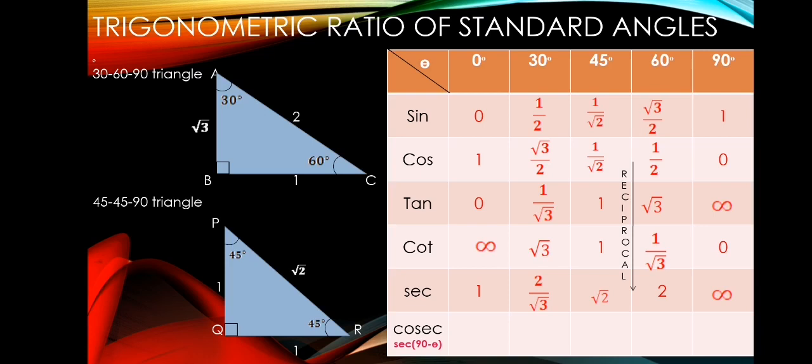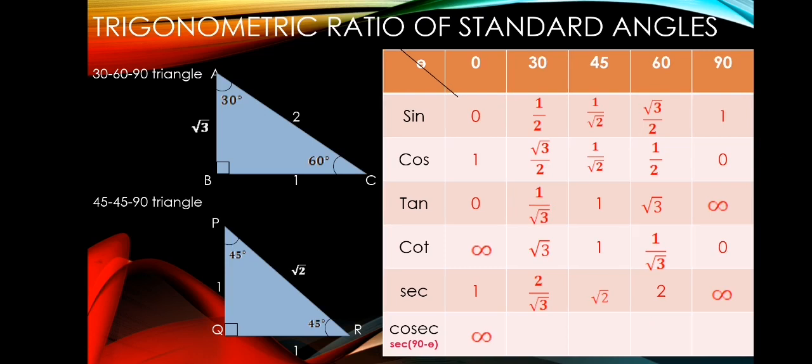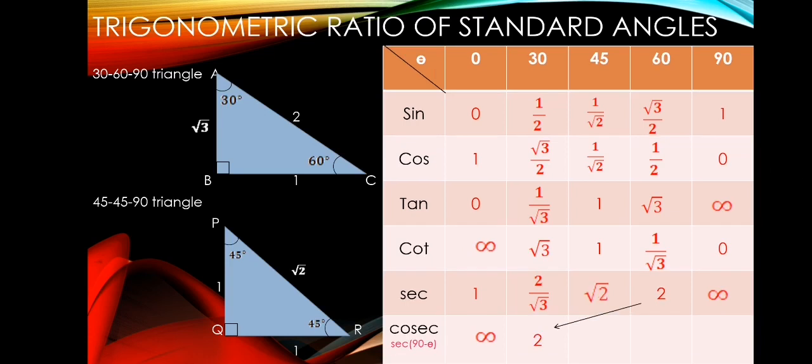Now again with the help of the same method, cosec theta we can find out by sec of its complementary angle. So cosec 0 will be equal to sec 90, which is equal to infinity. Cosec 30 will be sec 60, which is equal to 2.